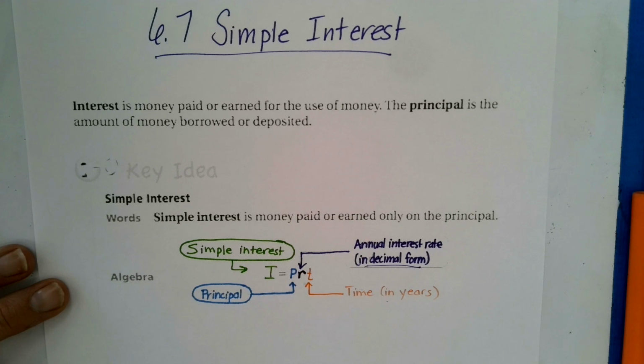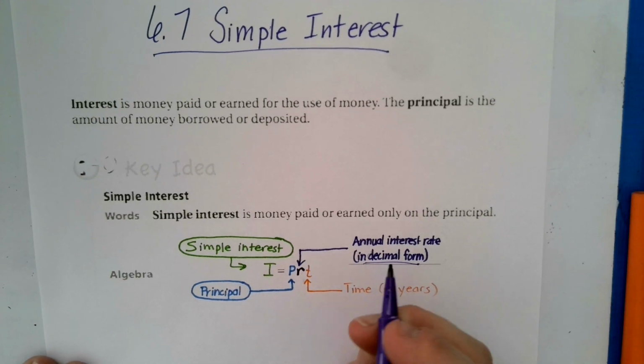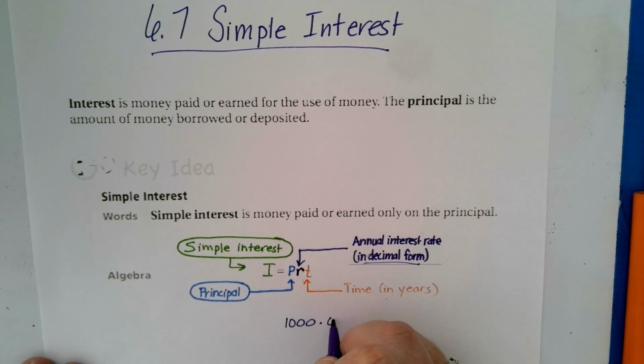Now remember, it's just going to tell you how much is added on to your principal, okay? So let's say you start out with $1,000 and you earn a rate of 5%, but in decimal form, that would be 0.05.